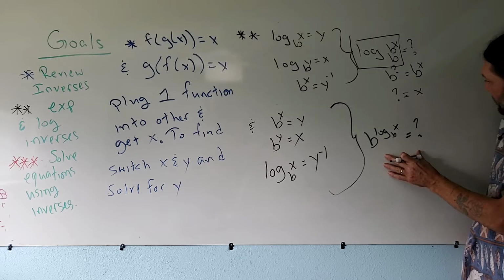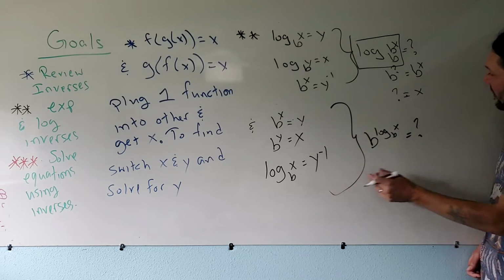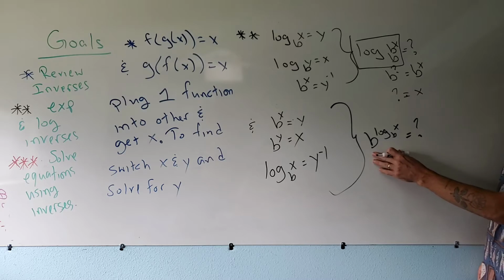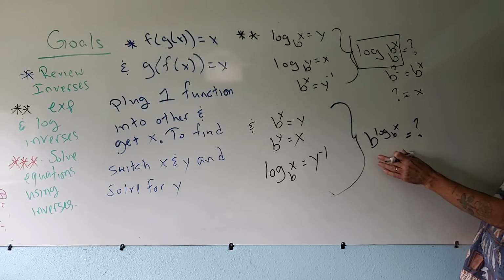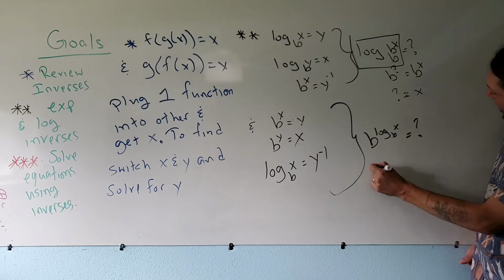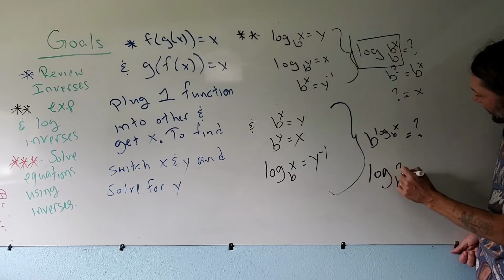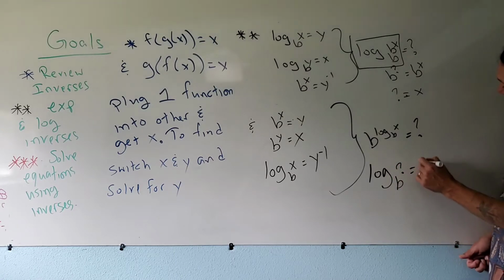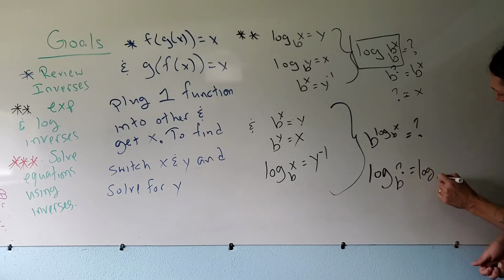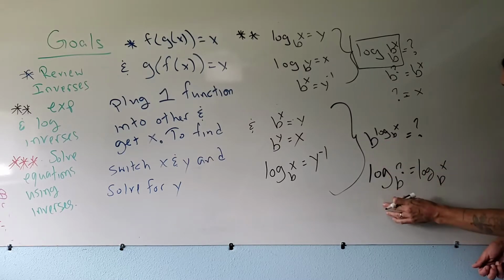Here I have an exponential. I'm going to rewrite it as a log. Like here, I wrote this exponential as a log, so I'm going to rewrite this as a log. So it's going to become log base b of the question mark is equal to log base b of the x. Remember, the exponent is isolated when I rewrite something as a log.